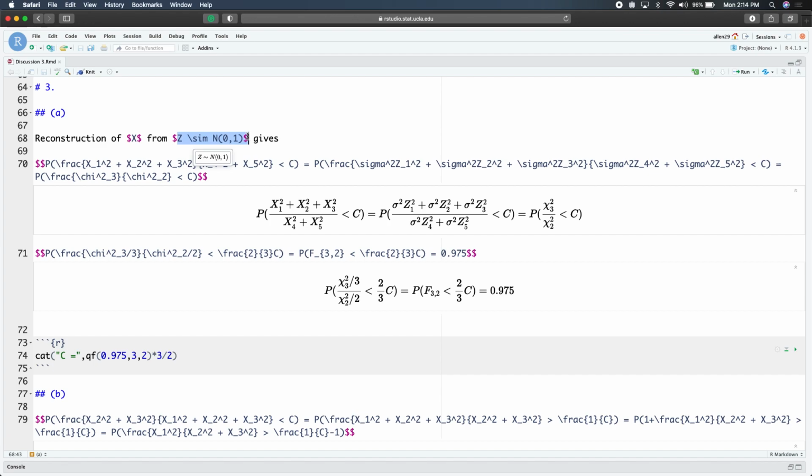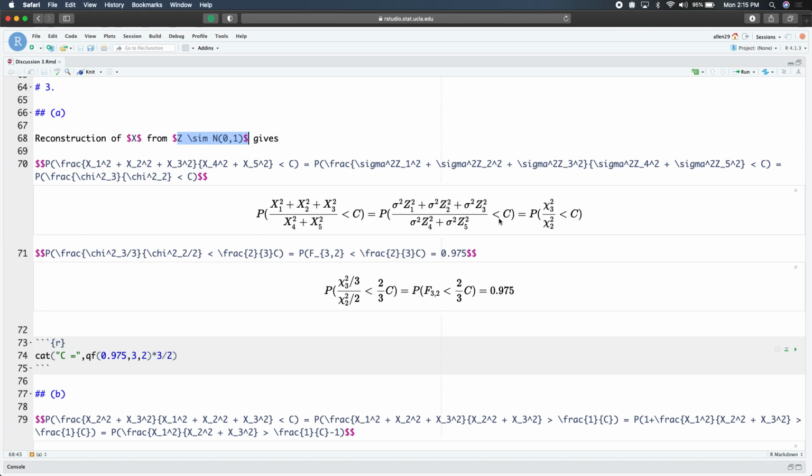For example, 3 copies gives a chi-square with 3 degrees of freedom. That is how to construct the chi-square. With sigma square canceling out from numerator and denominator, for the numerator we are left with 3 copies of Z square, which sum to a chi-square with 3 degrees of freedom. So n copies gives degree of freedom n. Similarly for the denominator, we have 2 copies, giving a chi-square with 2 degrees of freedom. So that's from here to here.